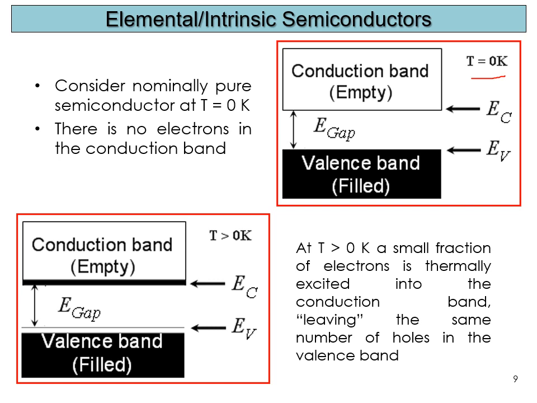At T above 0 Kelvin, a small fraction of electrons is thermally excited into the conduction band, leaving the same number of holes in the valence band. So the electron from the valence band will jump or be excited into the conduction band, leaving holes in the valence band.